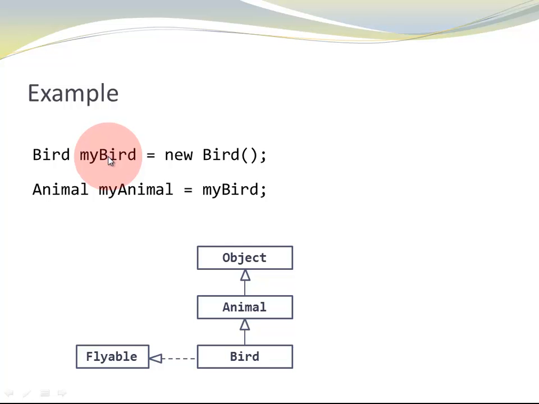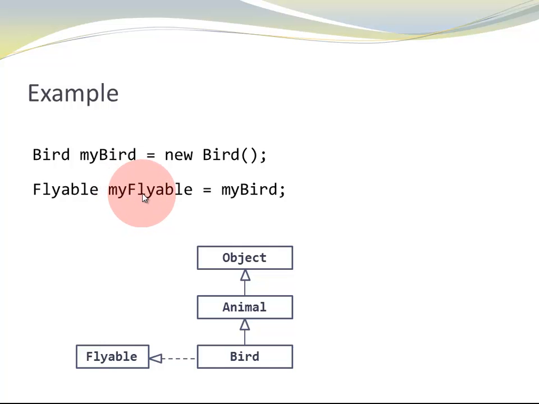If I have a variable myBird of type Bird, I can assign it to myAnimal. I can say myAnimal is myBird because myBird is an Animal. I could say myObject is myBird because myBird is an Object.